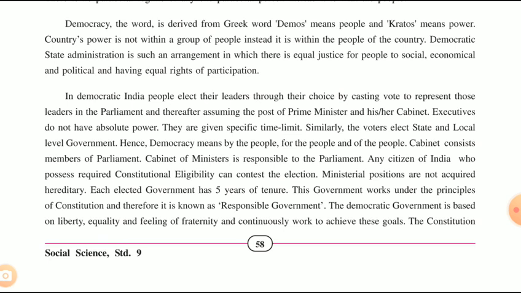The person from the majority party is elected as the prime minister, and the prime minister selects different executives based on different portfolios and departments, and the government forms its plan based on the 5 year plan. So this is termed as democracy.